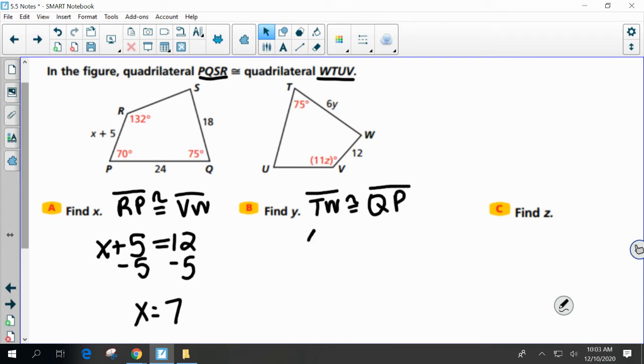Okay, so TW equals 6y. What does QP equal? 24. So 6y equals 24. So what would I do to solve for y? Divide both sides by 6. Y would equal 4.